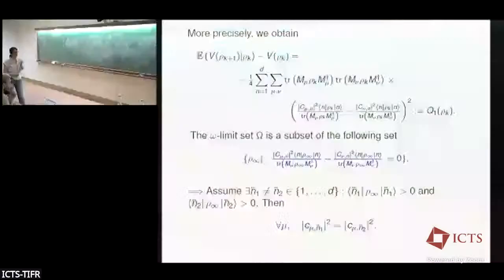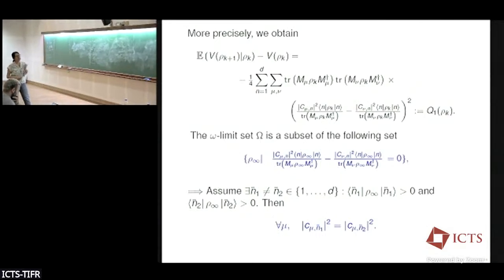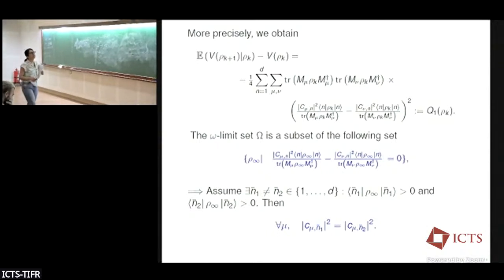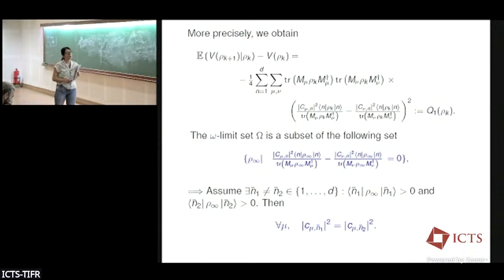So then the omega limit set, in fact, can be defined by the set of rho infinity such that this is 0, and as it is positive, the sum, then each term should be 0. So now, how can we conclude that the 0 of this term means it should be a photon number state?